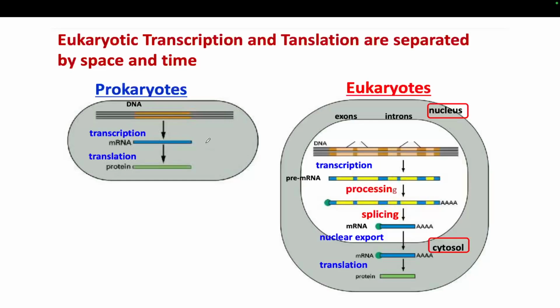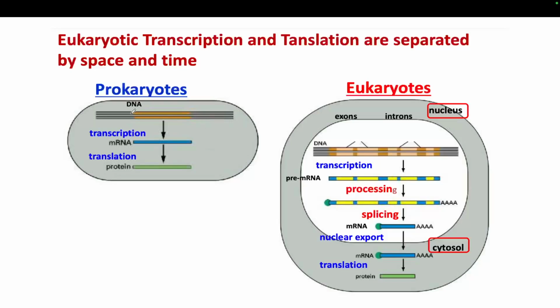Everything is produced by a single kind of RNA polymerase. But in eukaryotes, there are three different kinds of RNA polymerase, which produce different RNAs.